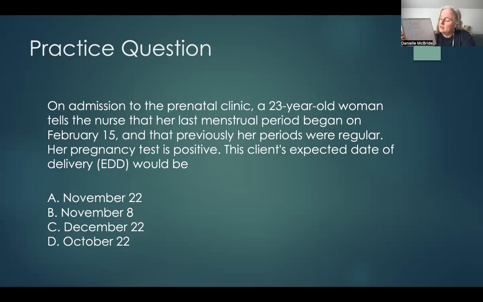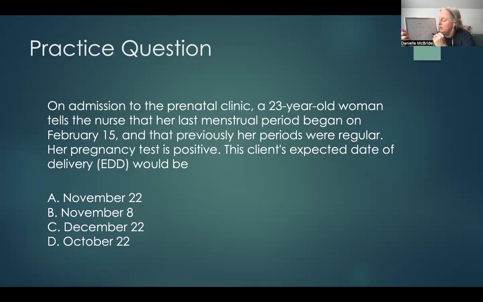February, January, December, November. 1, 2, 3. November is subtracting 3 months. And then we're going to take 15 plus 7, and we get 22.